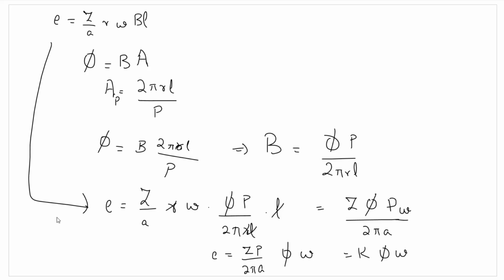We have the equation E is equal to Z phi P omega divided by 2 pi A. Now if, instead of using omega in radians per second, we use N, that's in RPM, our equation will be ZP phi N divided by 60A.